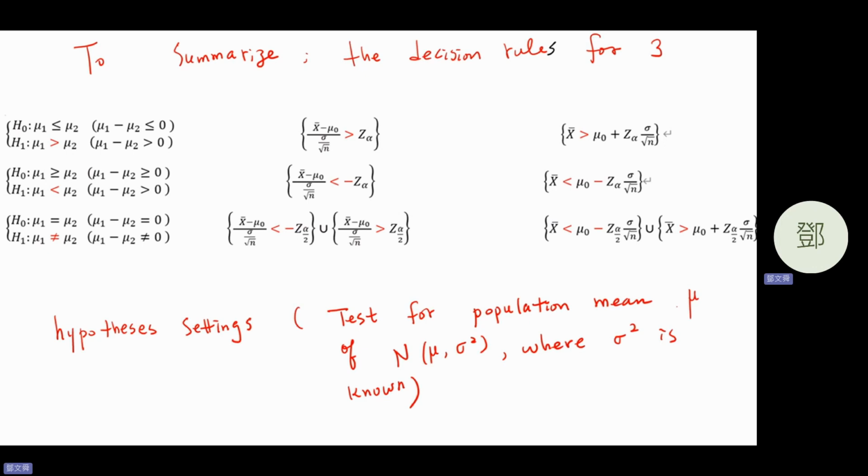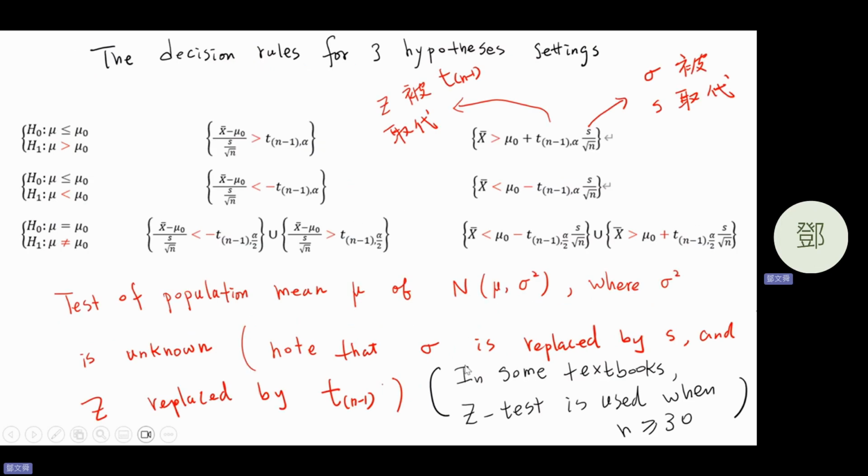The only difference is in the second slide, where sigma has to be replaced by s, and Z has to be replaced by T when n is smaller than the threshold. So that's what I summarized for you in the one population situation.